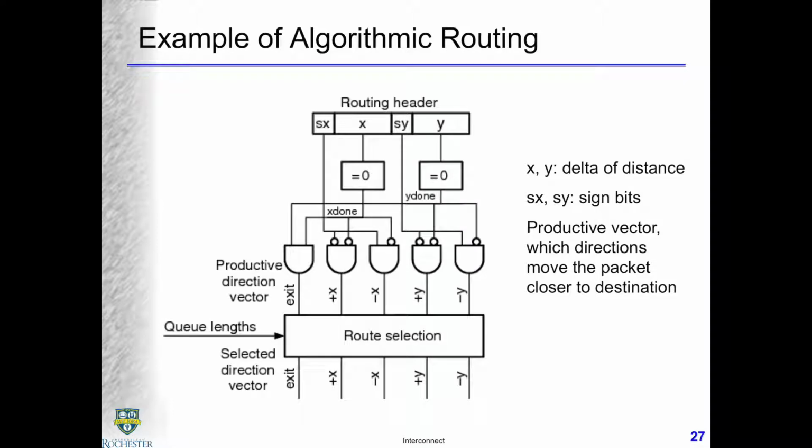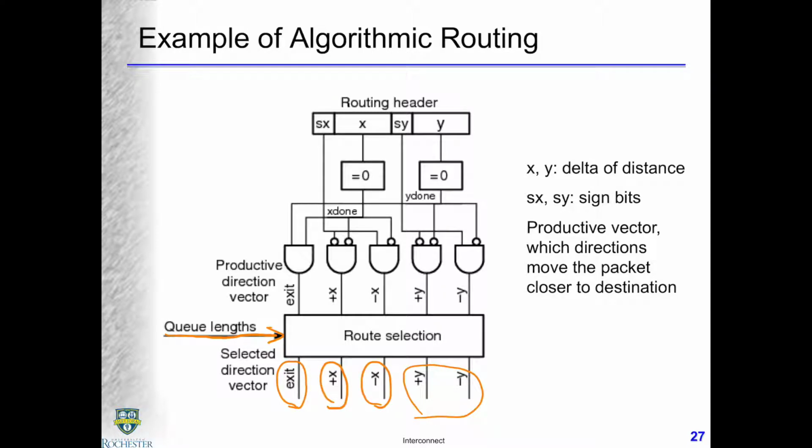And that can be something like this. This is showing a two-dimensional case where my choice can be go in the positive direction of x, negative direction of x, or the same thing with y direction, or I'm done. You could, in this case, generate the decision purely based on where you are, but also based on traffic, based on congestion.